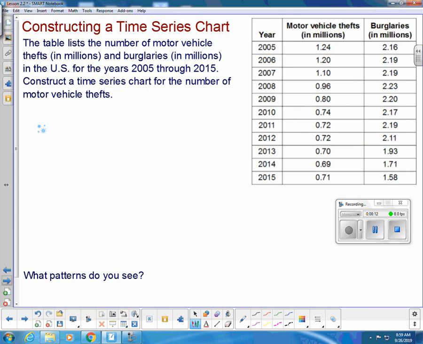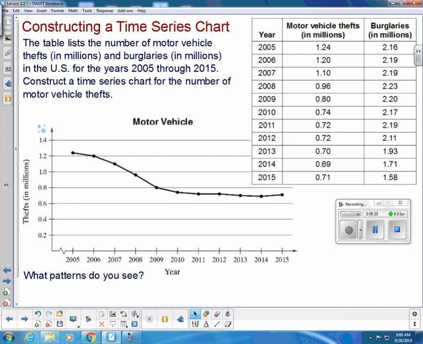So if we're going to do a time series chart, time is always your x-axis. And we're just doing the motor vehicles in this case. So the burglaries, separate situation. So if I'm just putting the motor vehicles in a graph, your y-axis is going by tens.